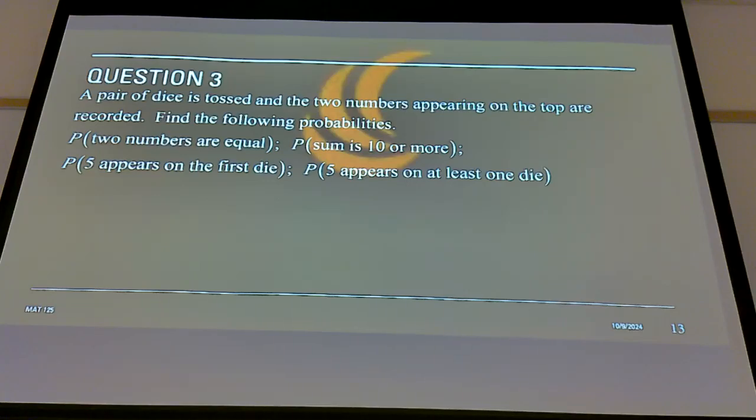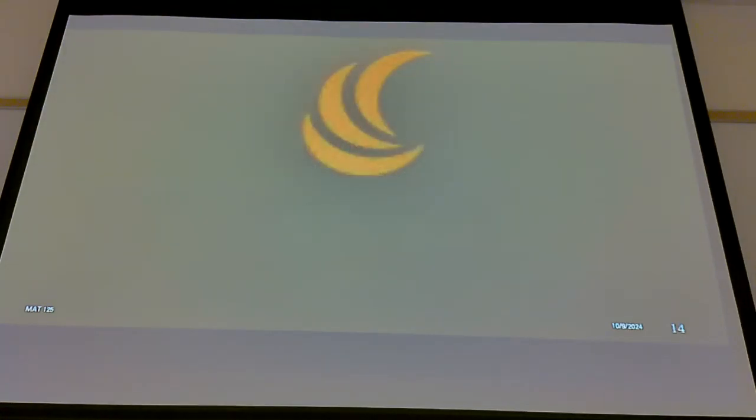So it's 36 outcomes. Oh, 6 times 6. Yep. I'm not listing all 36. That's way too many. I'm going to represent it that way. Size of our sample space S is 36. So we have 36 possible outcomes.